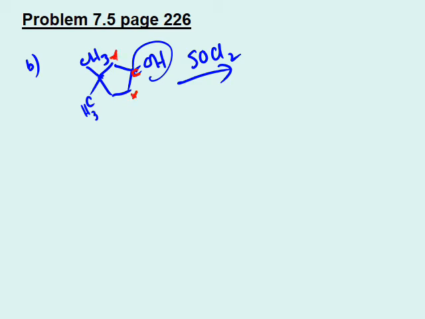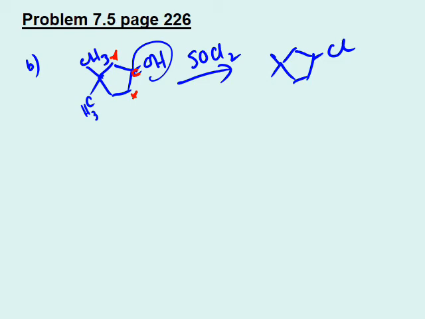And that's why it's 2 degree. And a 2 degree alcohol gives this kind of reaction. So I would end up with something like this. Now I have Cl, and a methyl group. So I have 2 methyl groups. And so that's going to be the final product.